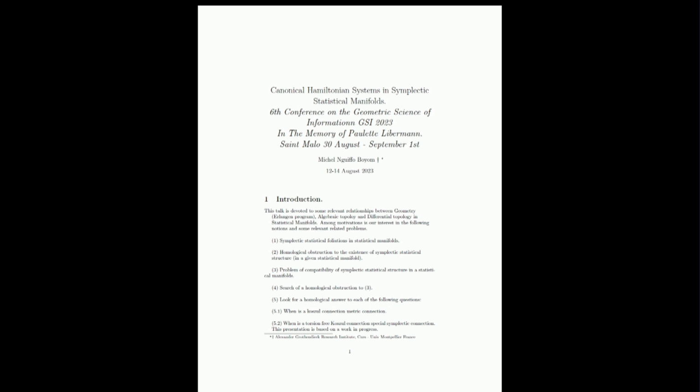Now, the reason why I enter this question is that it connects to many talks here, many reflections here. Okay, I will use tools from algebraic topology and some differential topology also.